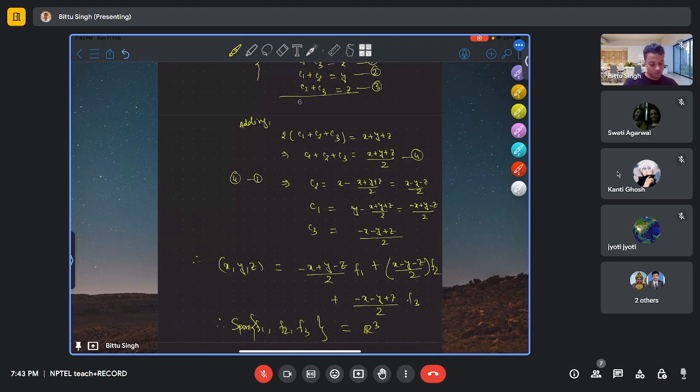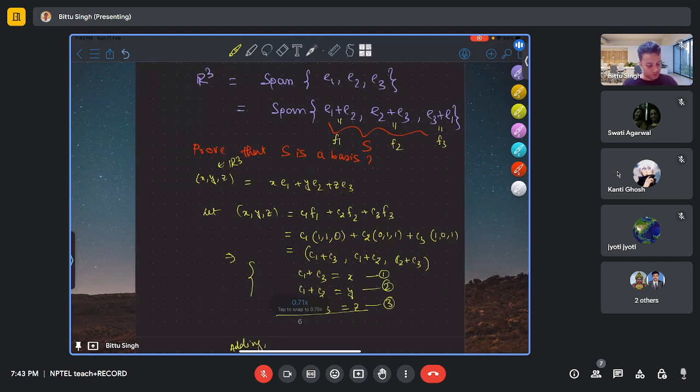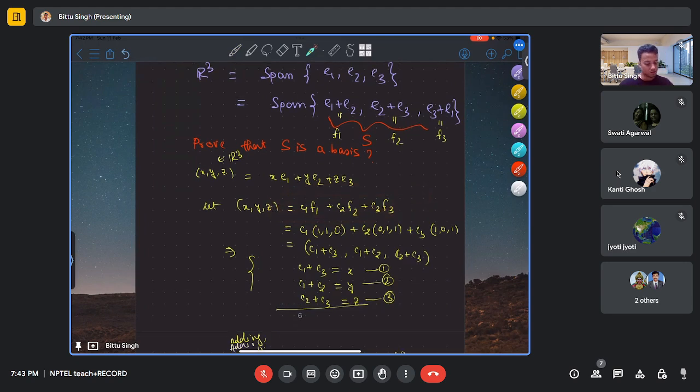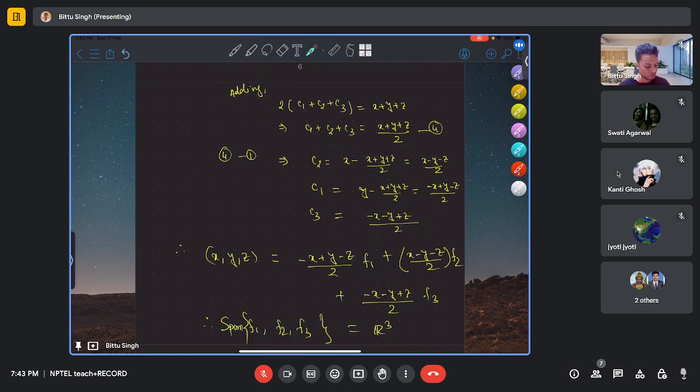And another thing, you can check that those elements are linearly independent. Because if this combination is 0, then everything x, y, z is 0. Then C2 is 0, C1 is 0, and C3 is also 0.